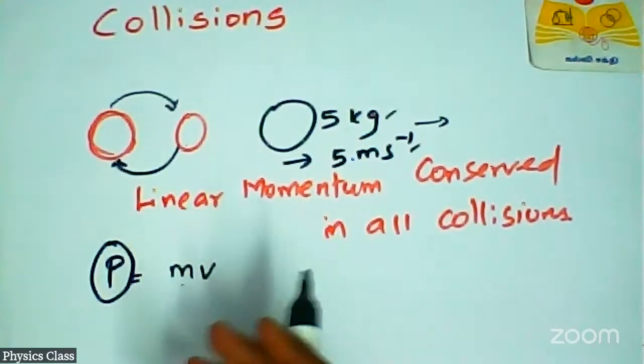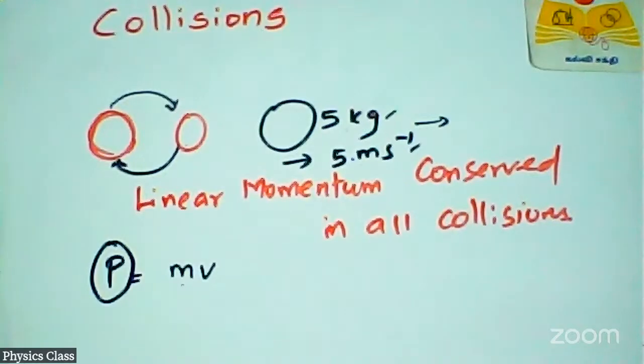Why is the linear momentum not conserved in all collisions? I will tell you later. By the mathematical derivation as well as in our simulation, we can see how the linear momentum is conserved in all collisions. Yes, good question, super question. I will tell you later.